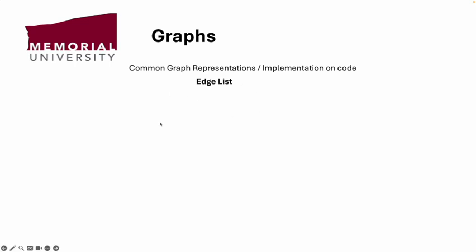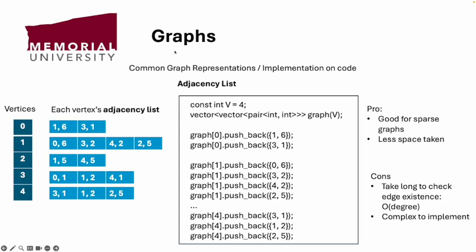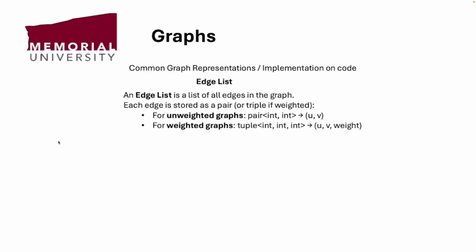There's a third option, an edge list. What's the edge list? Similar to this list, but we don't need to define the vertex. How can we do it? We just list all the edges in the graph. Each edge is stored as a pair, or a triple if there's a weight.